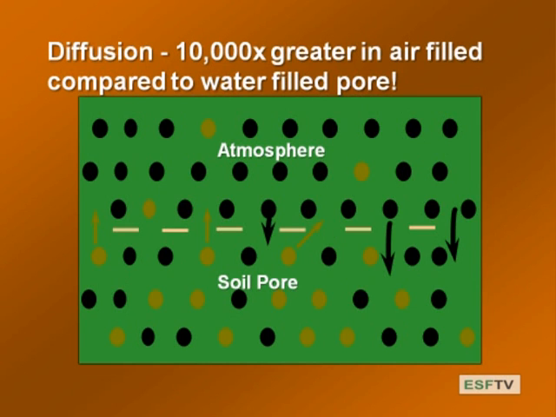Here's the kicker. This process, this exchange, response to a gradient, diffusion, is 10,000 times greater in air-filled compared to water-filled pores. So what does this mean? Effectively, if your pores are filled with water, there's no diffusion of oxygen and CO2. Okay? So this tells us that air-filled pore space is important, and that air-filled pore space is related, for the most part, to macropore space.